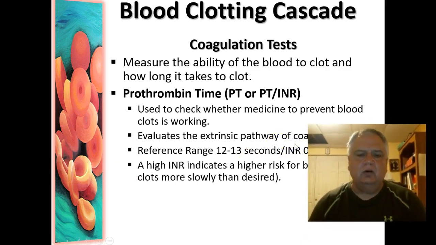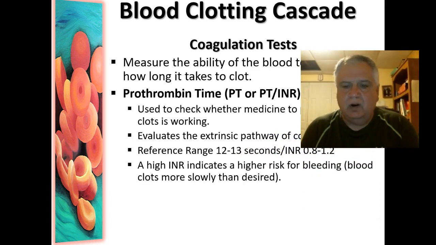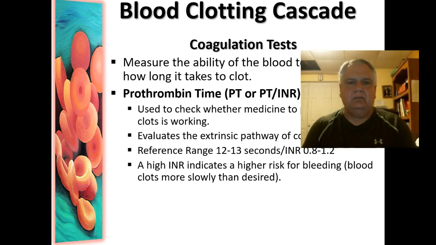Okay, so a high INR then, if we take a look at it from that standpoint, the International Normalized Ratio, is going to indicate then a higher risk for bleeding. In other words, the blood is going to clot more slowly. So that means that whenever bleeding does occur, it's going to be much more difficult to form that clot and to stop the flow of the blood or have hemostasis occur.